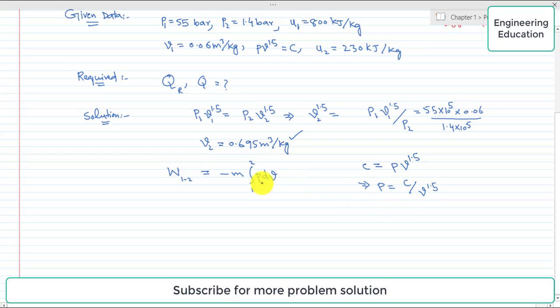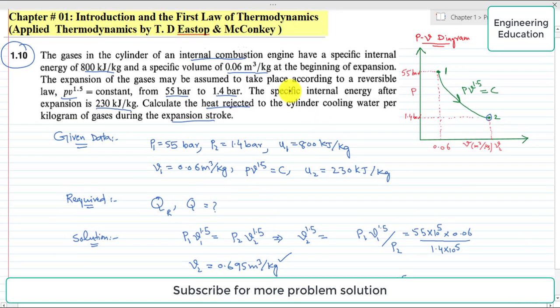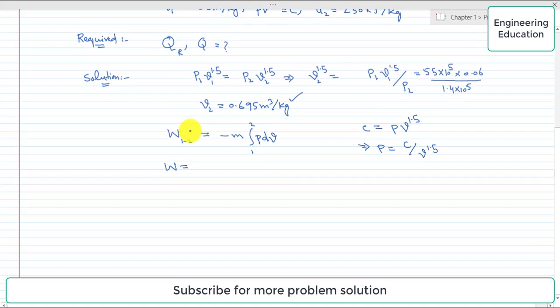So putting P over here, W will be equal to minus m. The value of m is taken as 1 kg, it is assumed as 1 kilogram of mass. Putting it over here, we get integral from 1 to 2 C by V^1.5 dV.